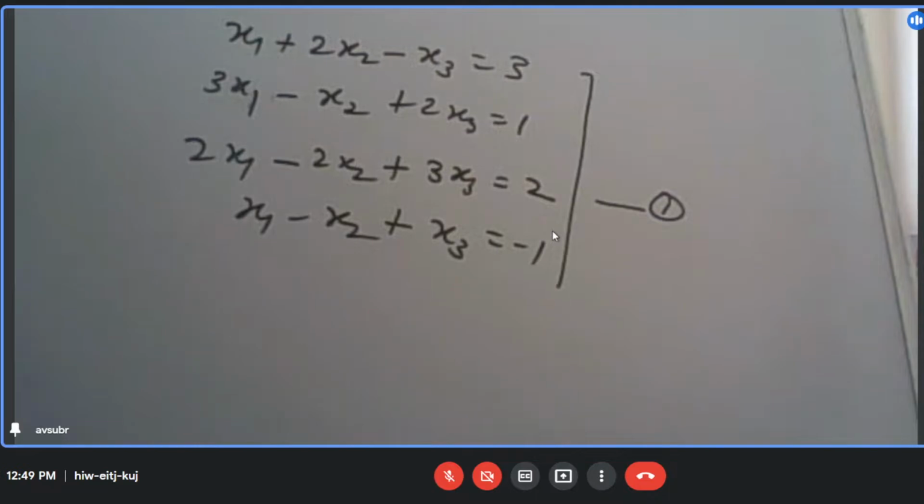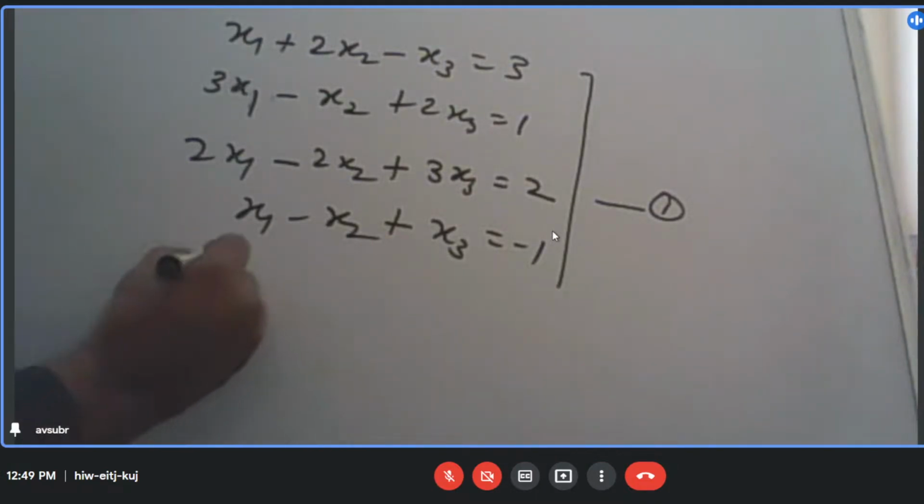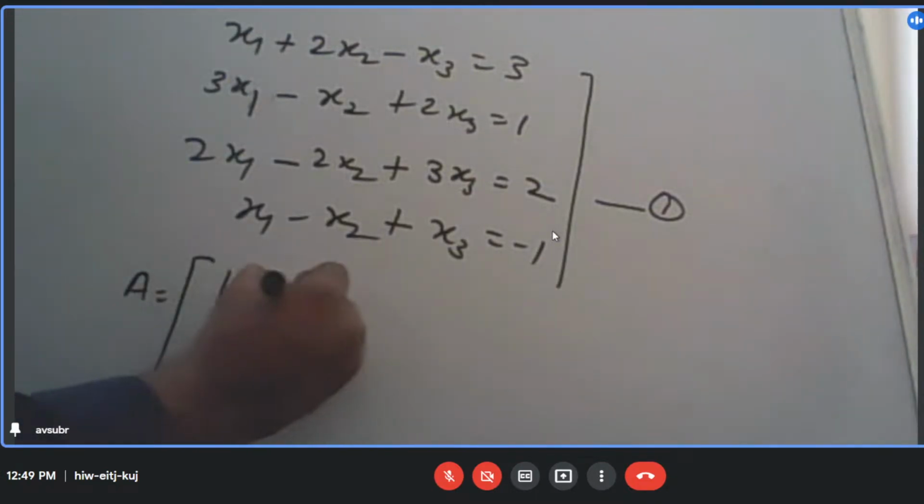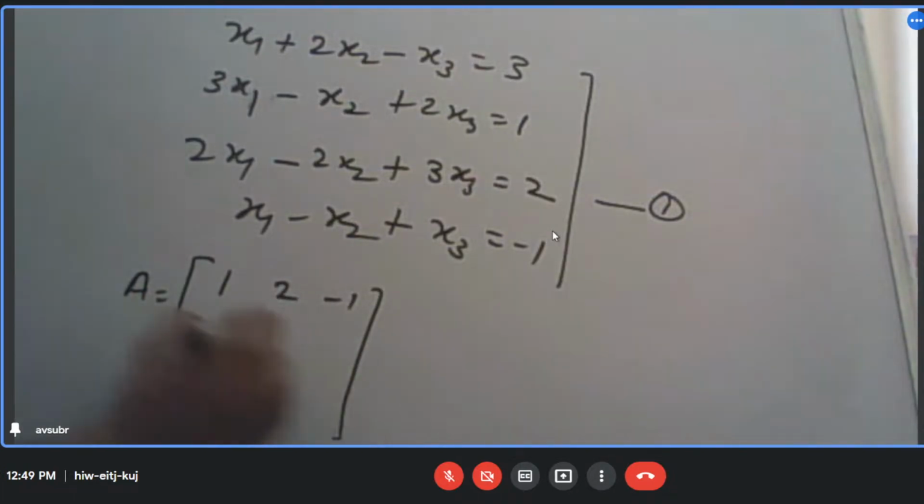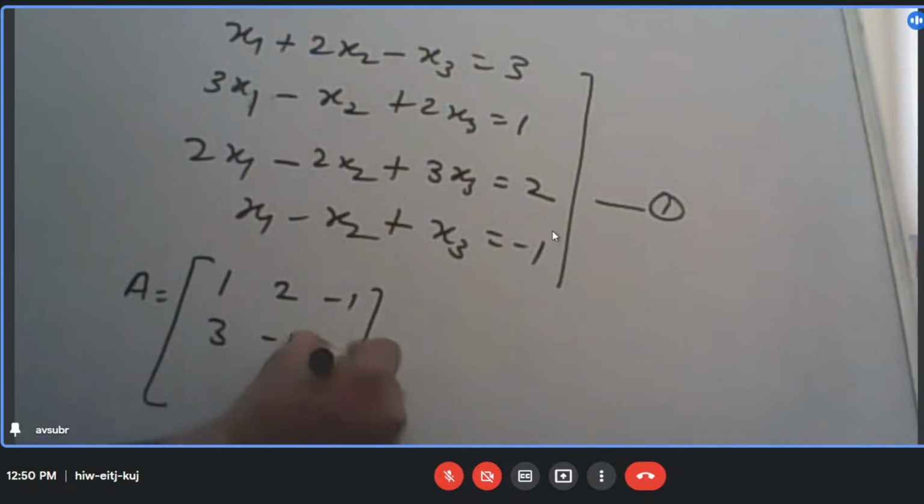Yes, sir. Now what will be the coefficient matrix here? Tell me. 1, 2, minus 1; 3, minus 1, 2; 2, minus 2, 3; and 1, minus 1, 1. Is it okay? Yes, sir.